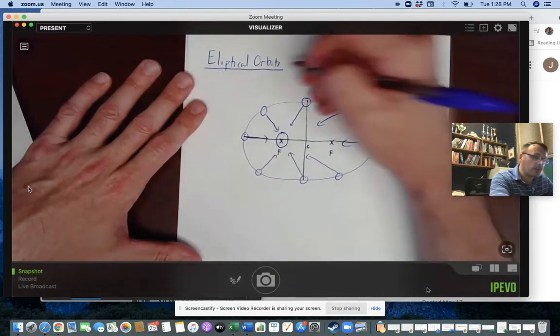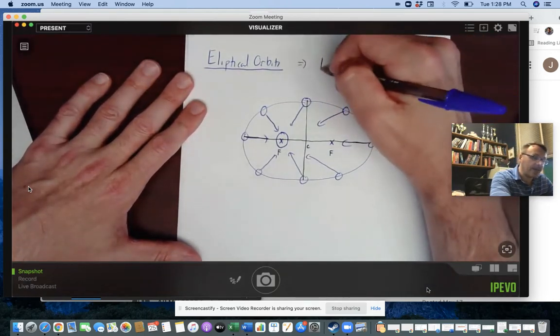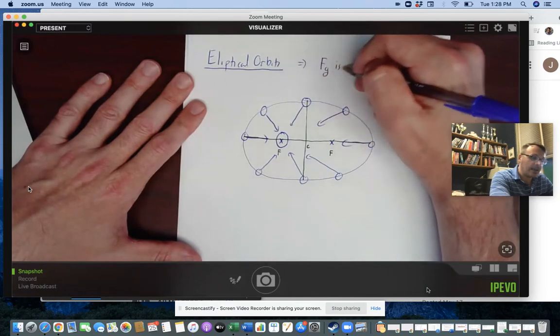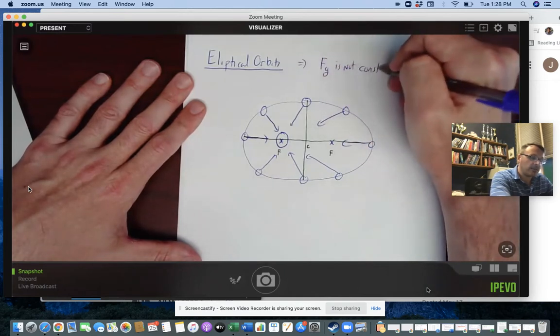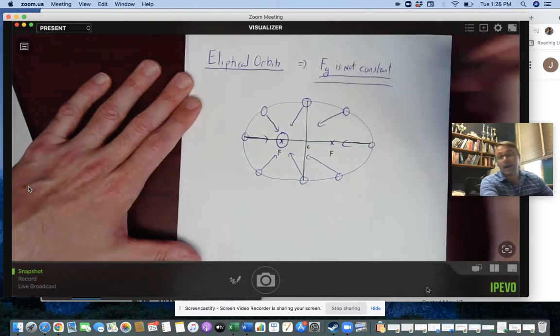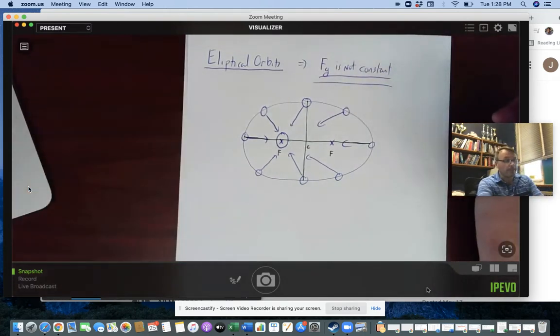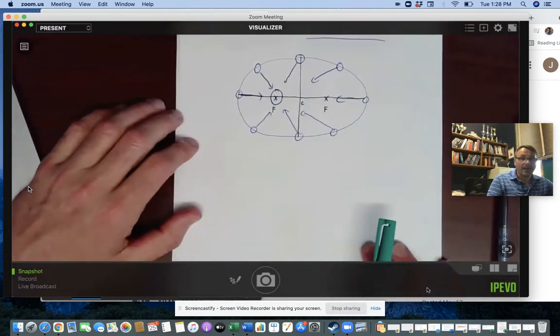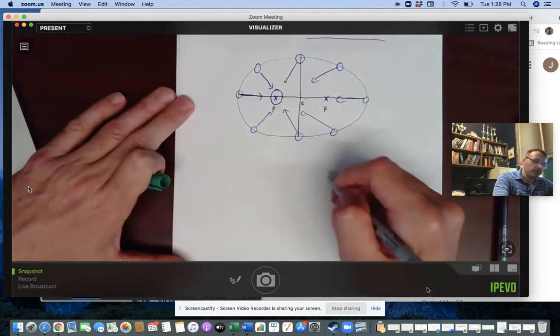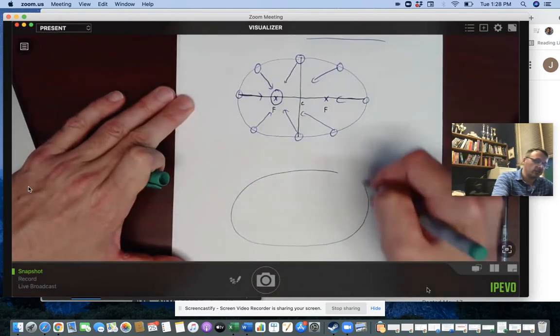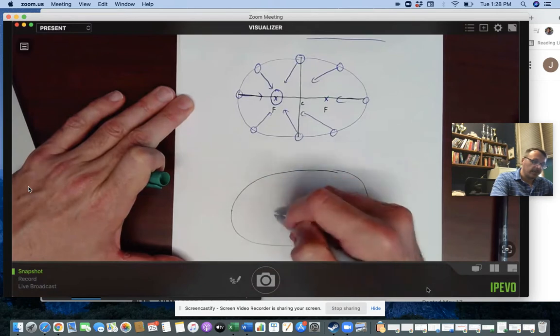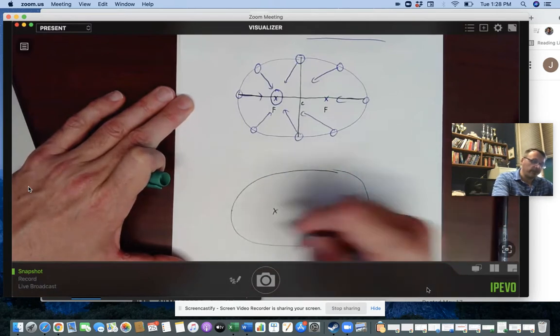So the main thing with elliptical orbits is that FG is not constant for this object as it goes around the sun. Let's go back a little bit to the math of an ellipse to define some things. Here's my focal distance 1, here's my focal distance 2.